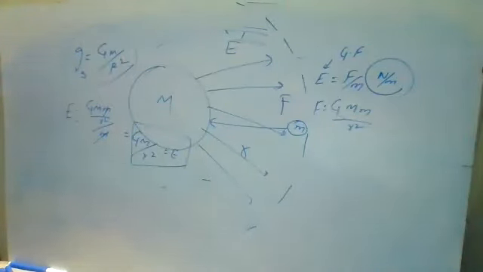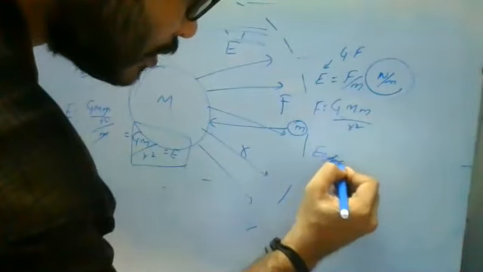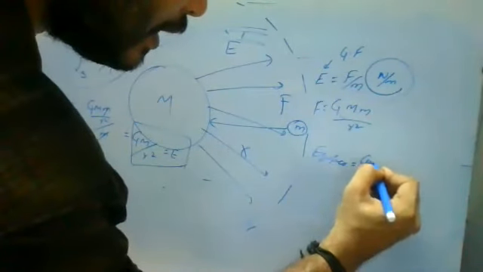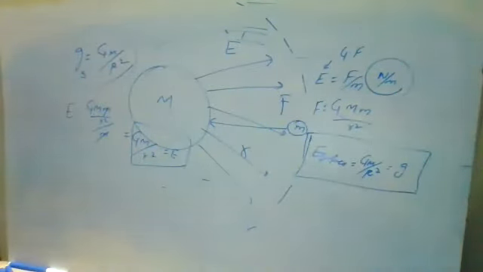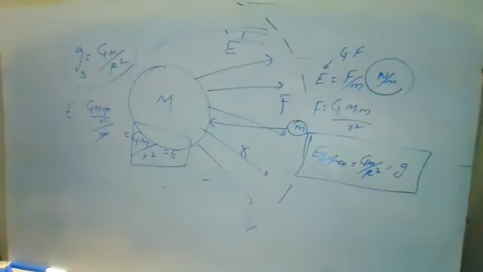Similarly, the gravitational field on the surface, E surface, is equal to G M by R square, which is equal to small g. Remember, the gravitational field on the surface is G M by R square, which is equal to small g. So the two relations are the same, but only when the object is on the surface.